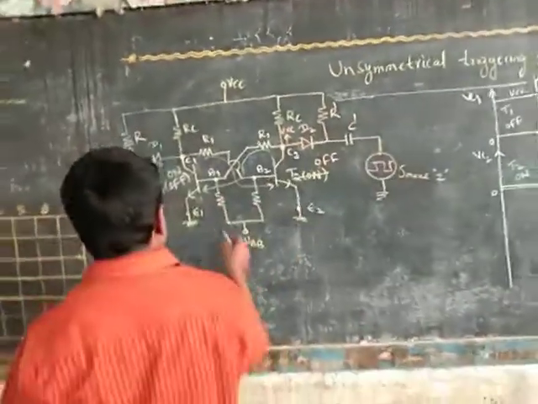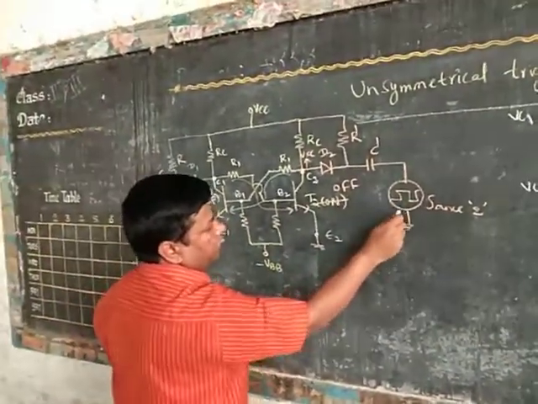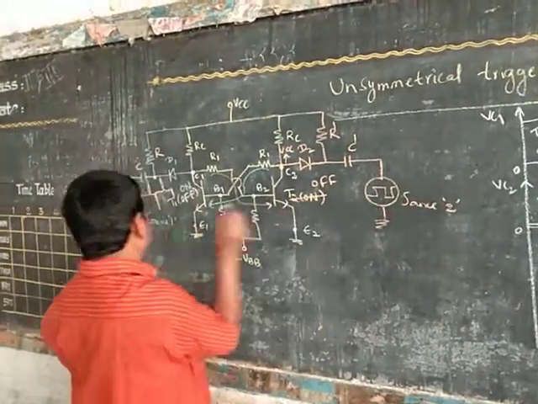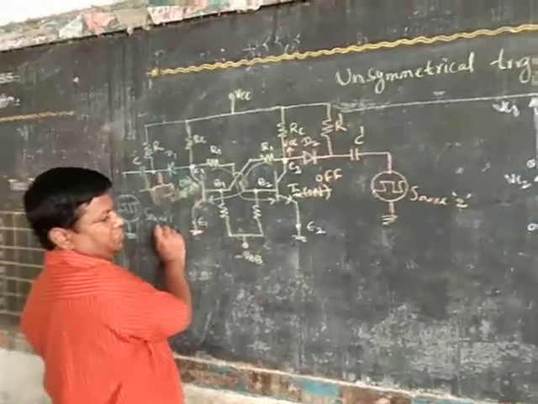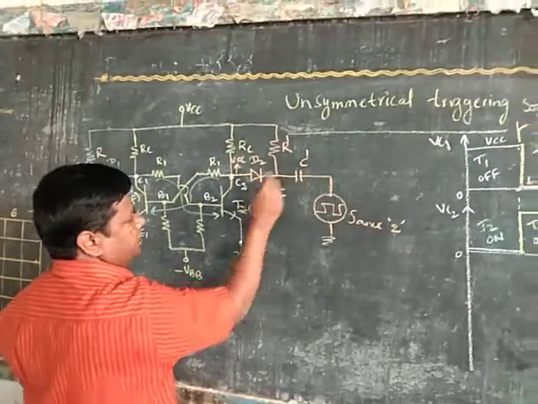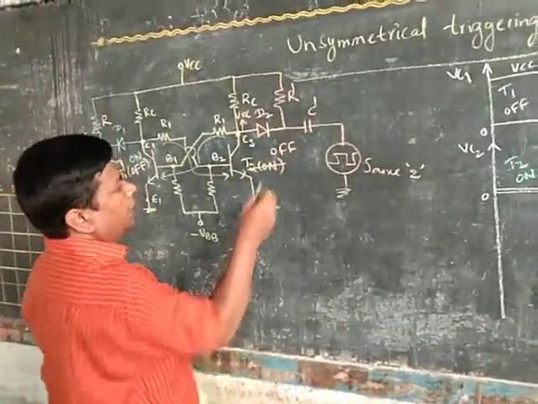Why? Because now T1 is on, T2 is off. For the negative going pulse, at that time source 1 is positive going. For the negative going pulse, diode D2 is on. Same as before, these two components form a high pass circuit.